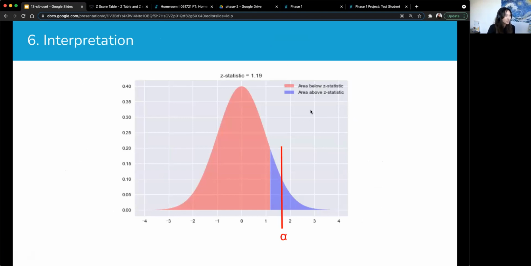So over here, we have our standard normal curve. This is the curve where we're centered at 0 and the standard deviation is 1. This is actually for a z-statistic of 1.19. Basically, this division between the red and the blue is this line there that represents where our sample lies. And we just want to figure out whether where this sample lies is statistically significant or not.